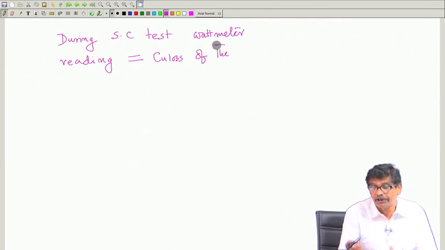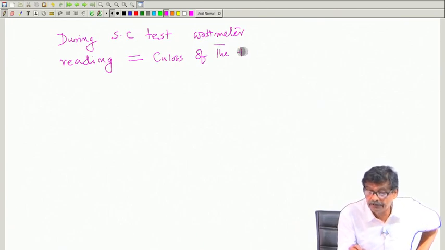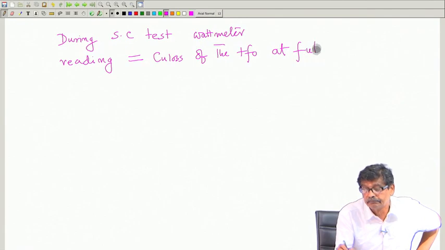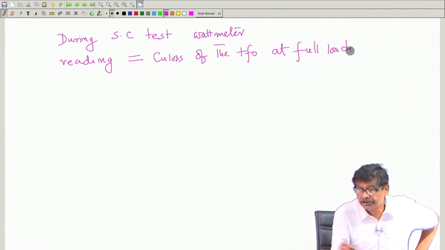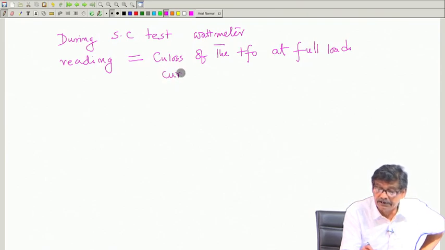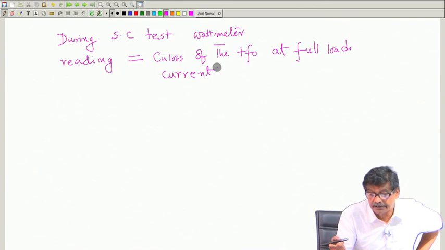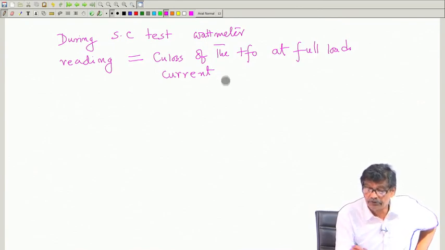So, copper loss means winding loss of the transformer at full load current, because during short circuit test your windings were carrying rated current at full load current.